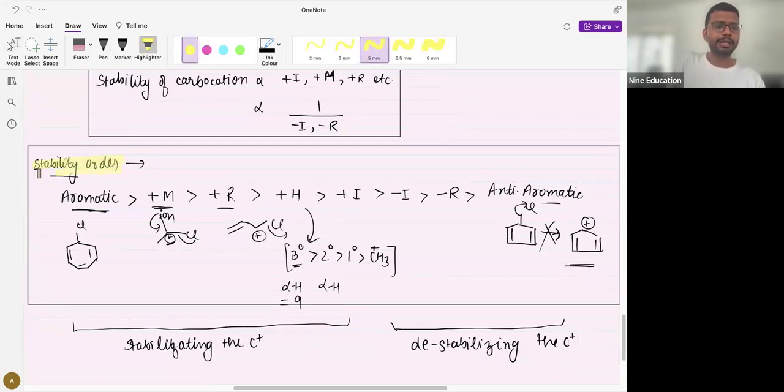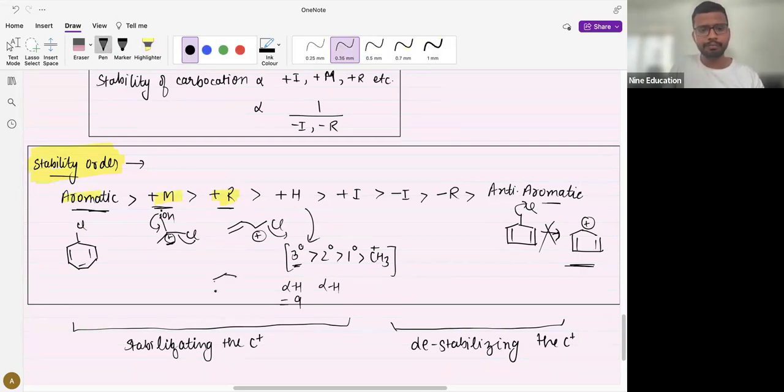You have to remember this. Anywhere you see SN1, there should be aromatic, there should be mesomeric, there should be resonance, right? Let's say here only, if I make benzene, and on this I make chlorine here.